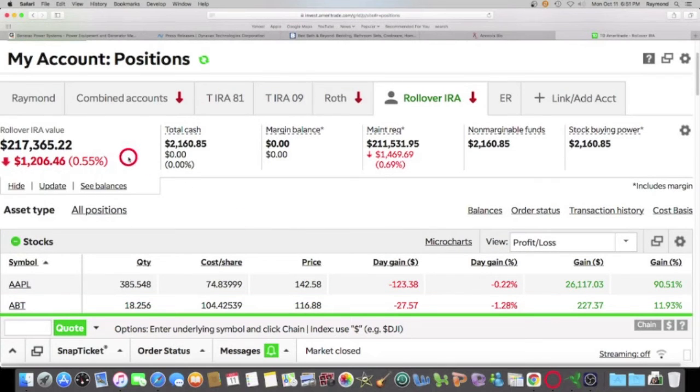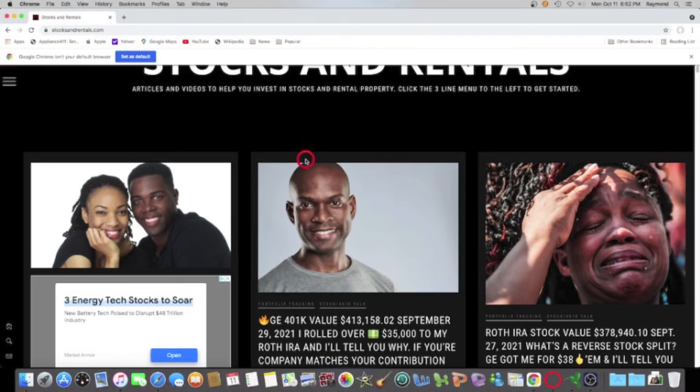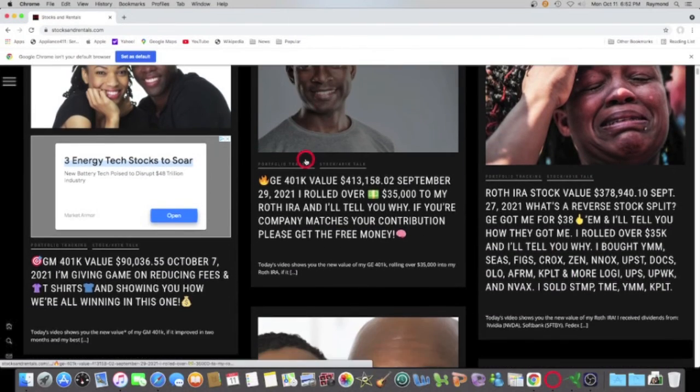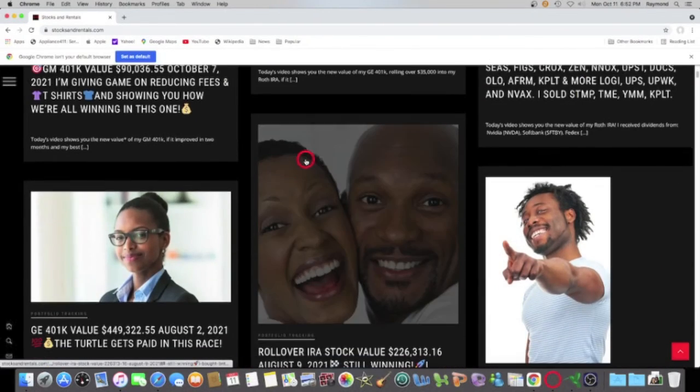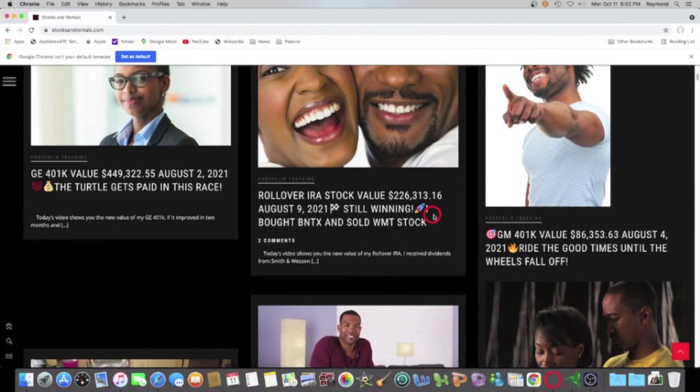All right, so my current value is $217,365.22. And we want to compare this to where we were 2 months ago. So we're going to find the last rollover IRA update. And it is right here.